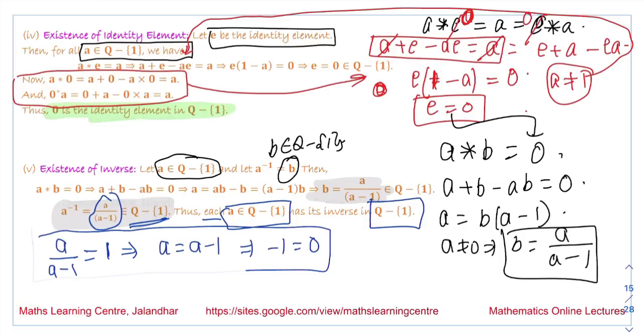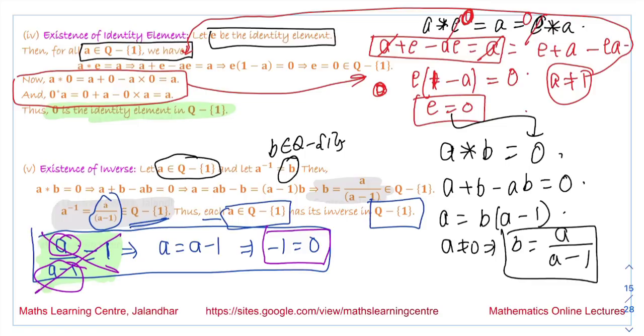So suppose this element a over a minus 1 is equal to 1. First thing, it is not possible because a and a minus 1 cannot be equal. How to prove this: suppose it is equal to 1. If this is equal to 1, then we are getting the contradiction that minus 1 is equal to 0. It means this supposition is wrong.